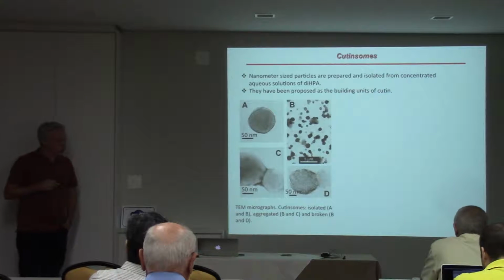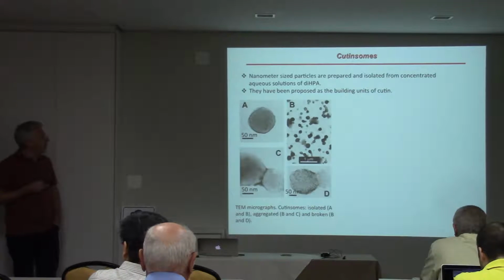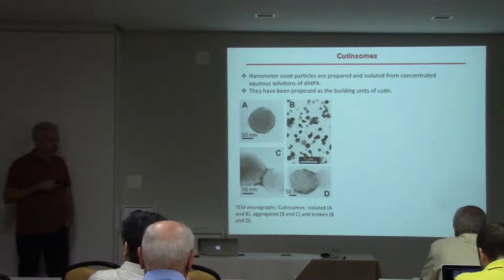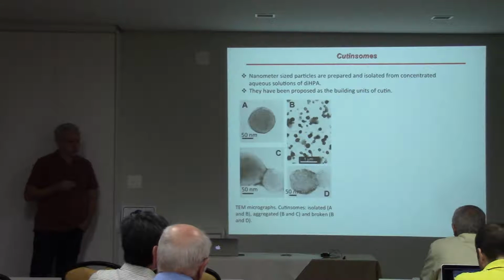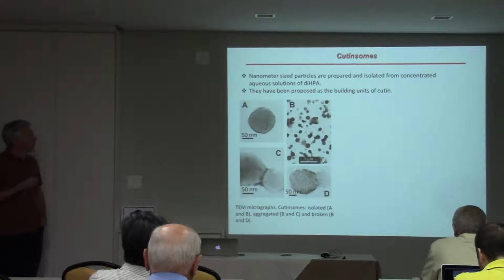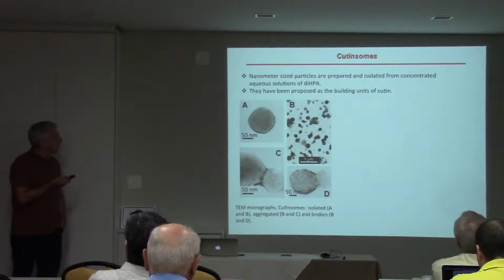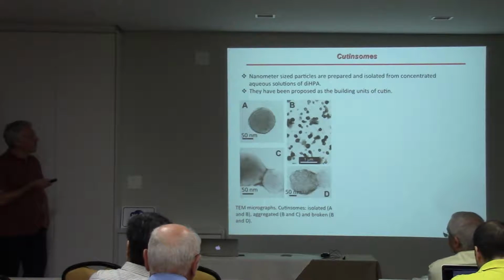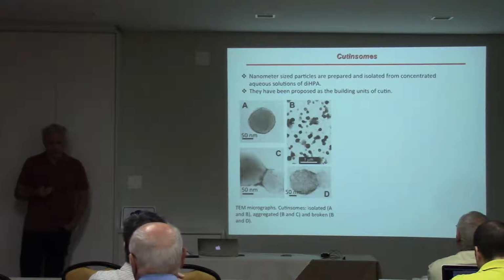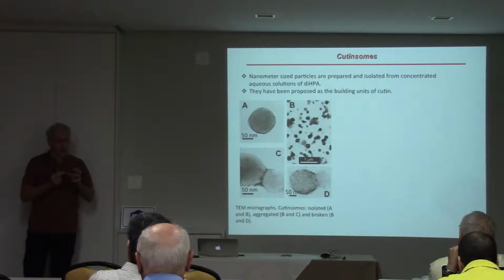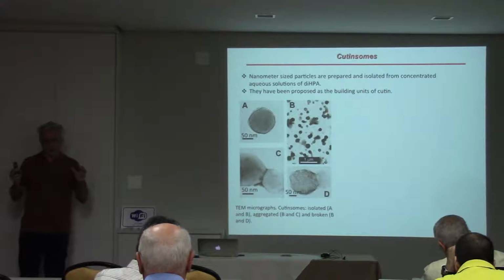We also use this strategy to understand another problem in vegetal biology, which is the origin of the cutinsomes. The cutinsomes are considered vegetal nanoparticles, which are the origin of the cutin.